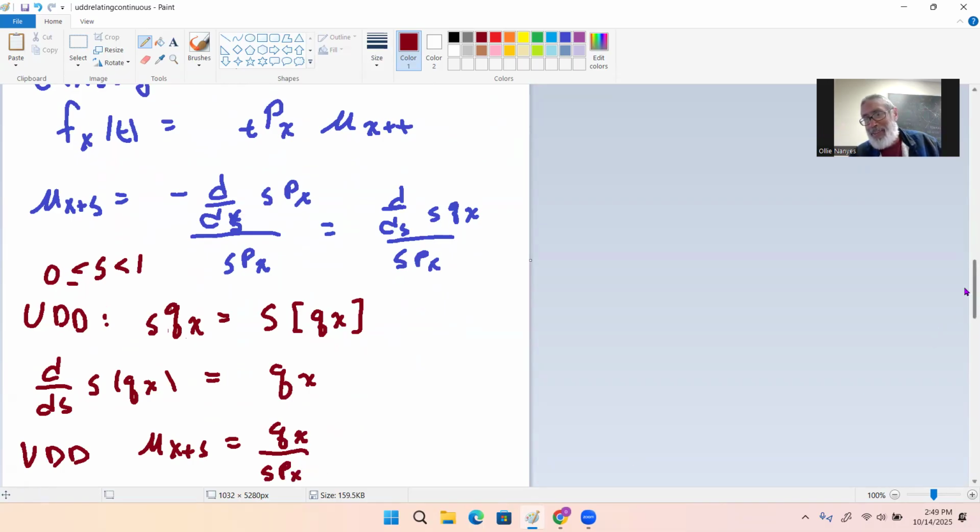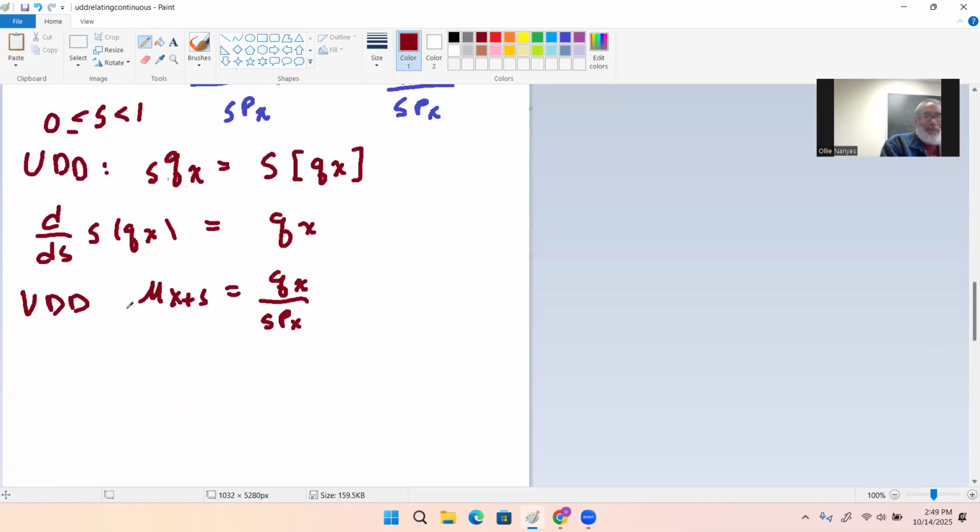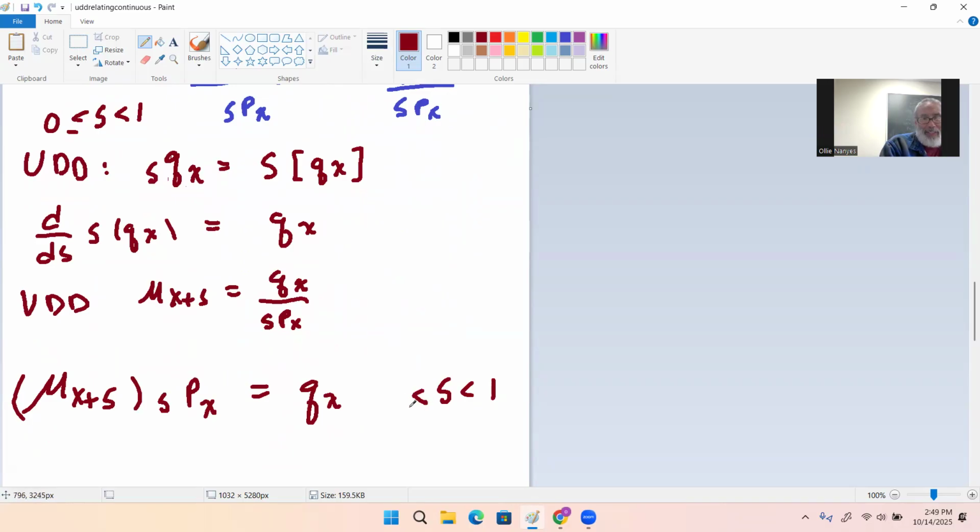That brings us to the result we are looking for: some mortality times this. Remember, this is now the density function. It's just that. And this is valid for s between 0 and 1.